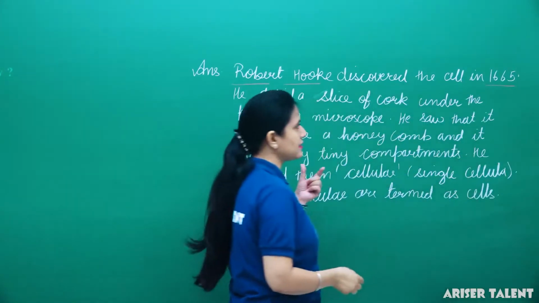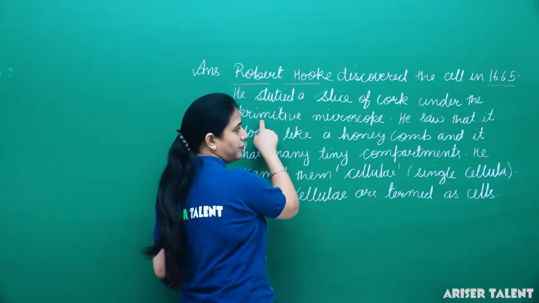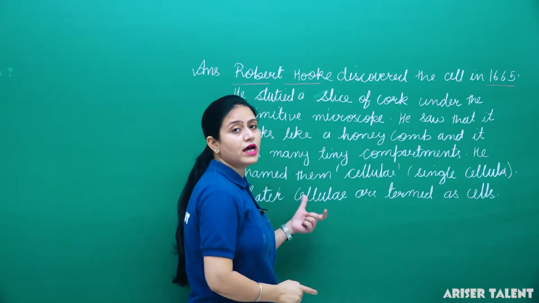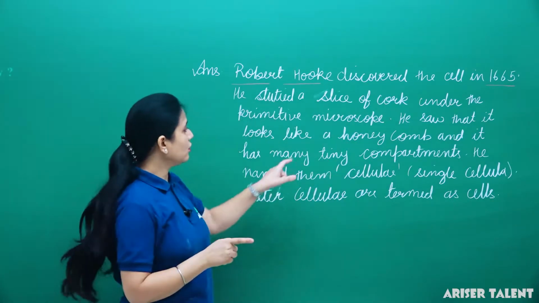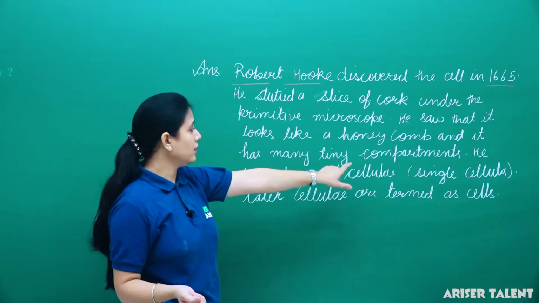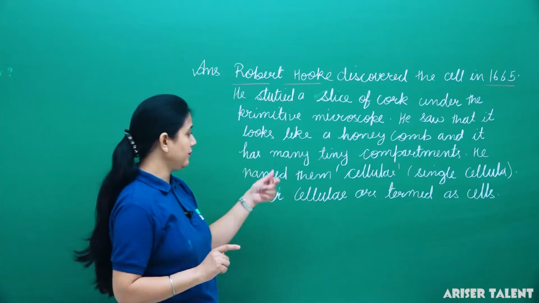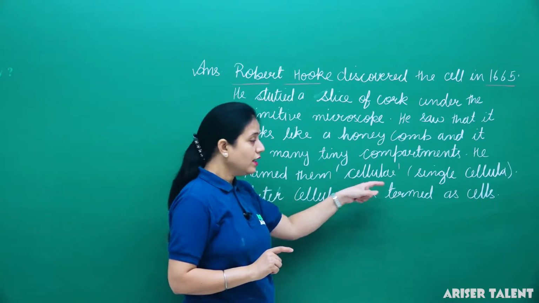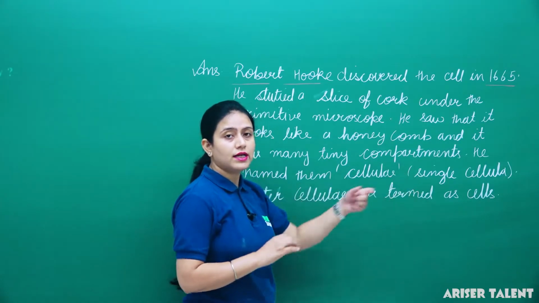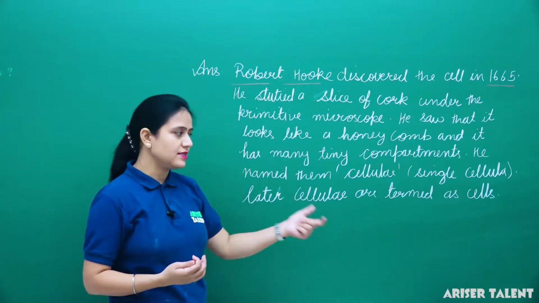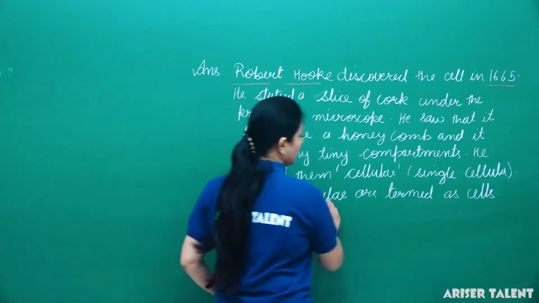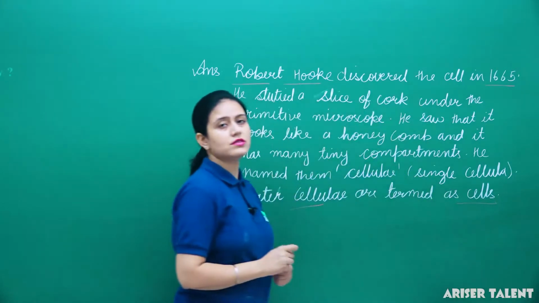When he studied a slice of cork under the primitive microscope, he found that it has the structure of a honeycomb. It looks like a honeycomb which contains many tiny compartments, and these tiny compartments he called cellulae, and singular they are known as cellula. Later these cellulae are termed as cells. Clear? So thus the cell was discovered.